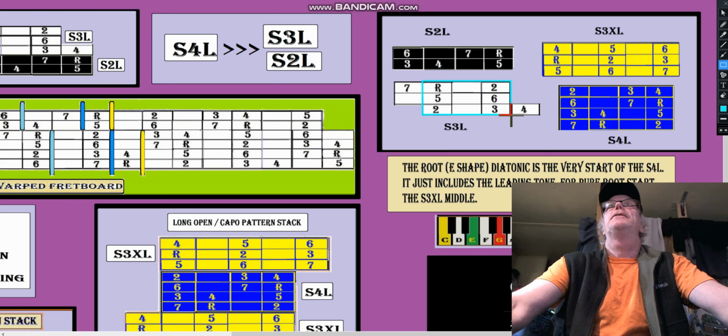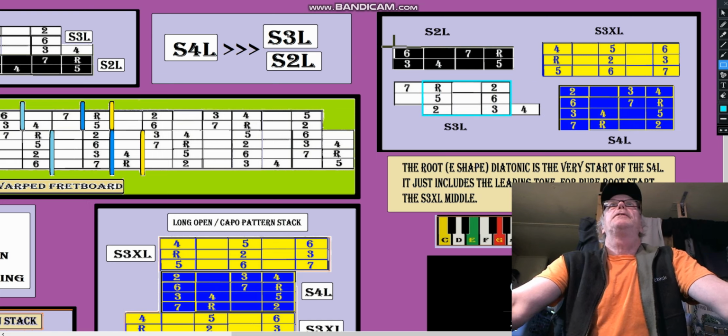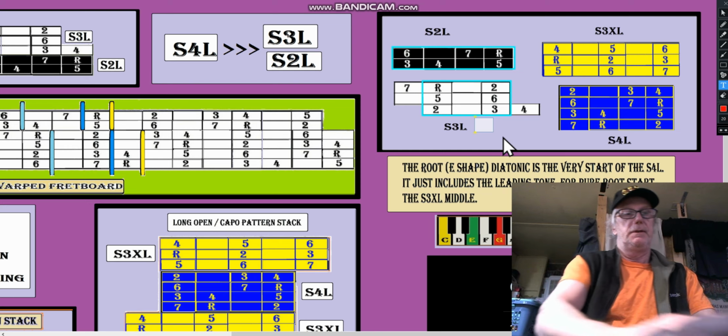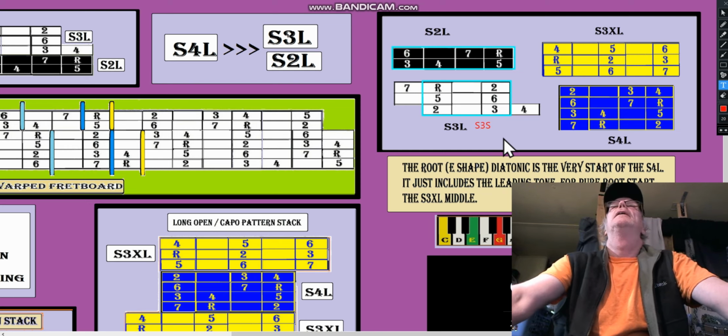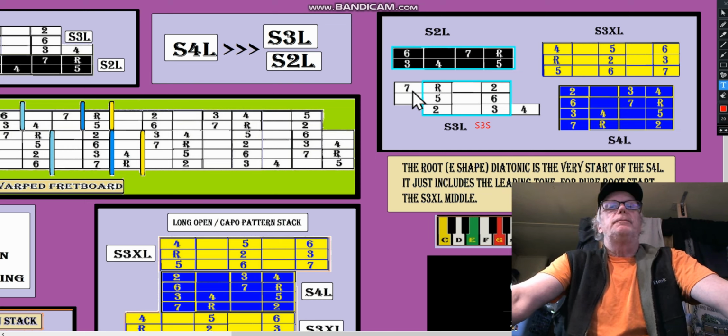Alright, there it is. So here's your stack of 2 long and your stack of 3 short. This is S3S, written like that, when it doesn't have the 4 and the 7.